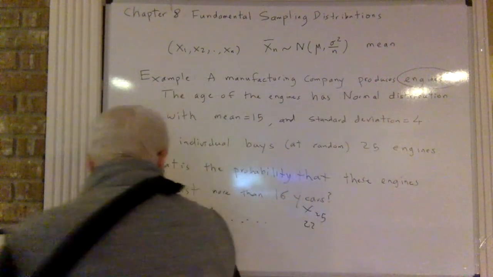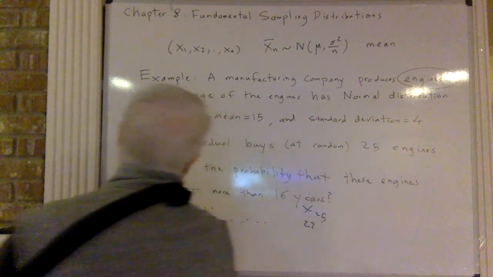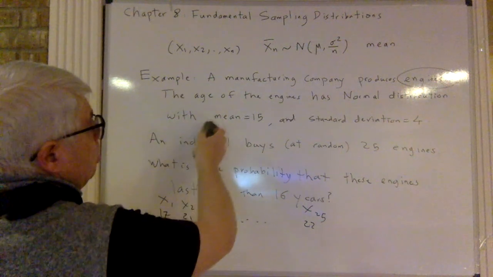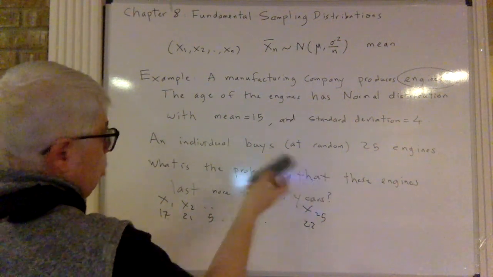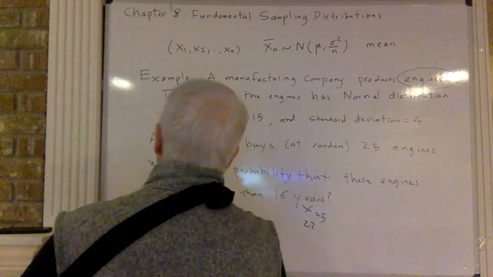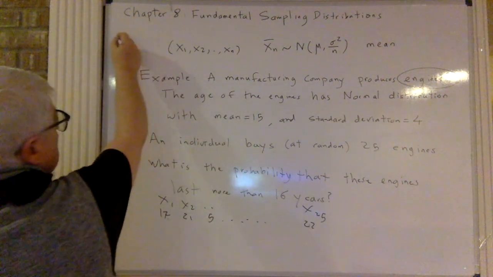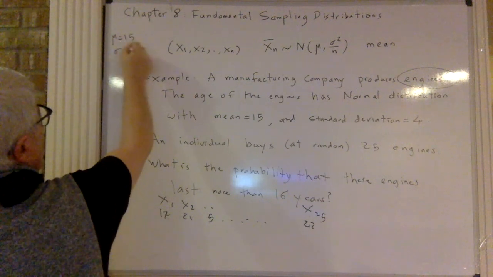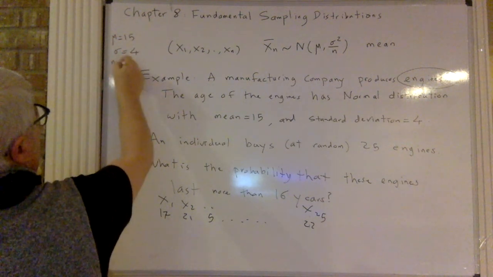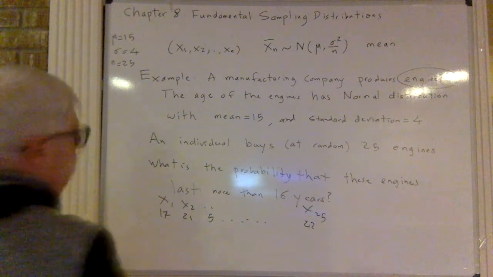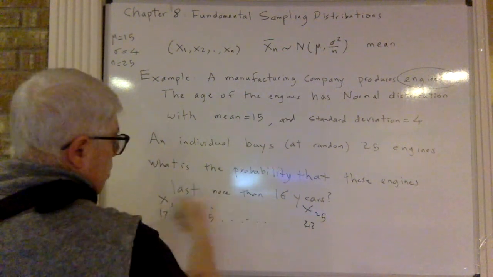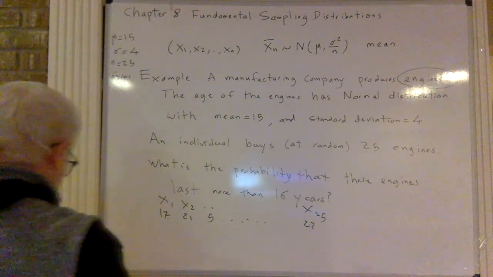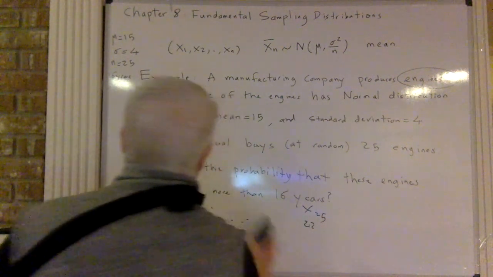Let's put this in the context that we usually have. Let me write some numbers here before I erase this. I have mean is 15, sigma is 4, n is 25, and this is 16 years.